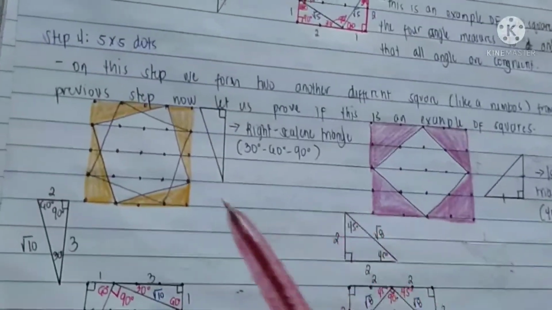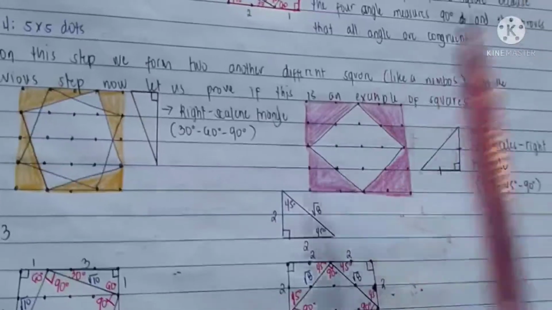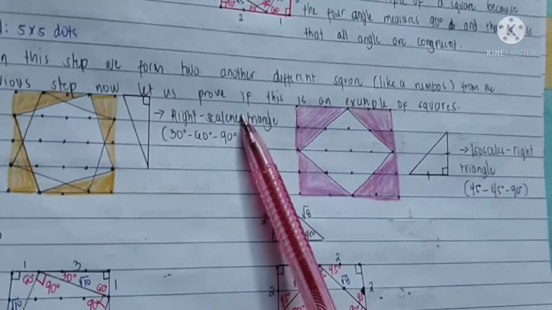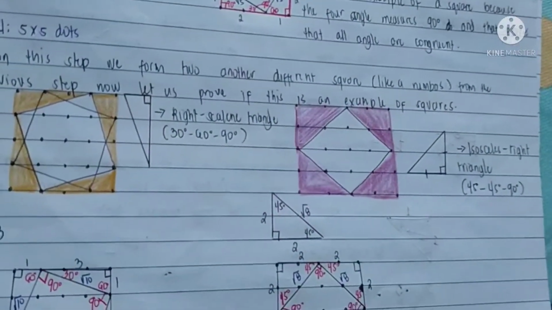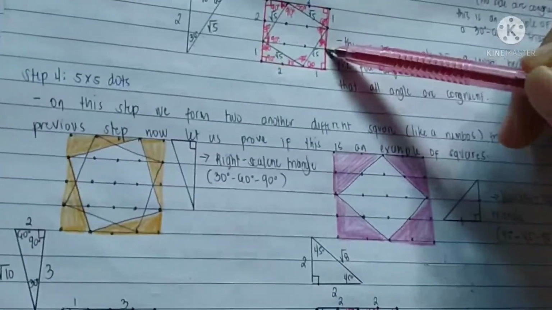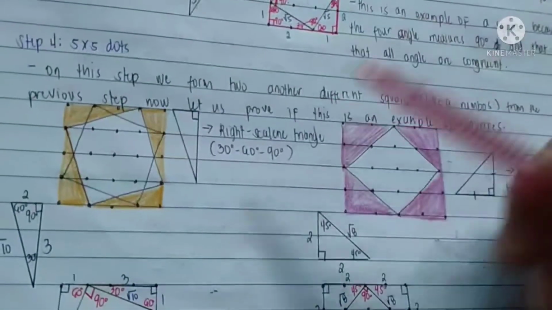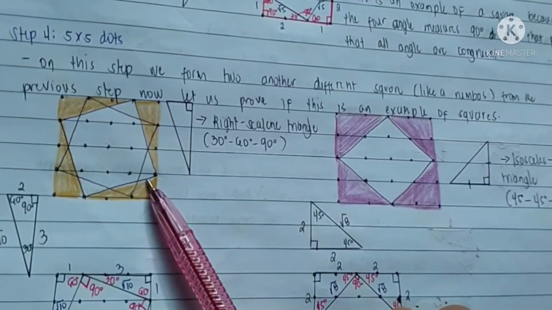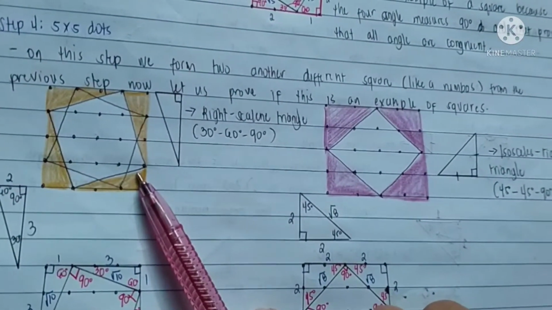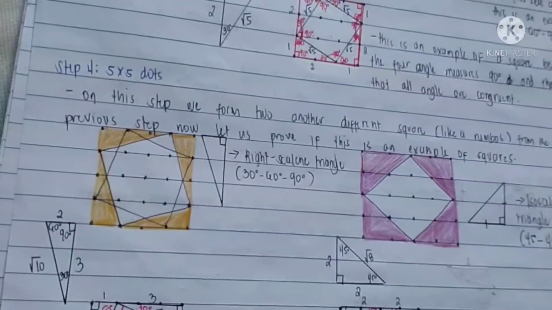So, proceed tayo sa step 5. On this step, we form another different square like a rhombus from the previous step. Let us prove if it is an example of a square. So, tulad ng ginamit natin kanina dito, gumamit tayo ng 30-60 na triangle para mapatunayan natin na this is an example of a square.